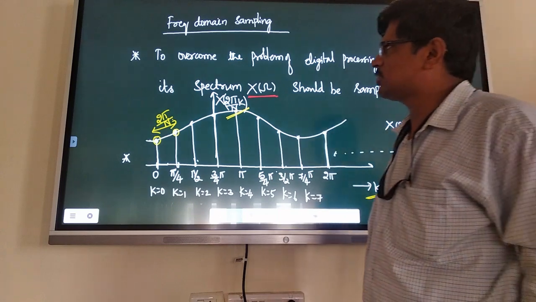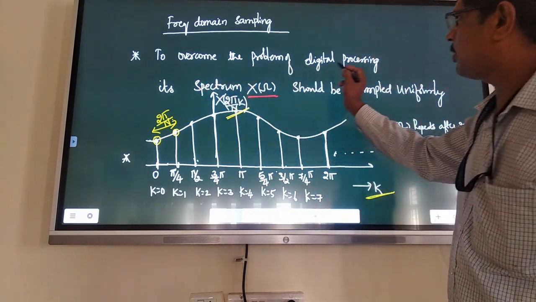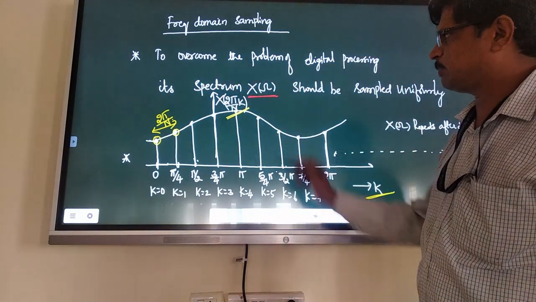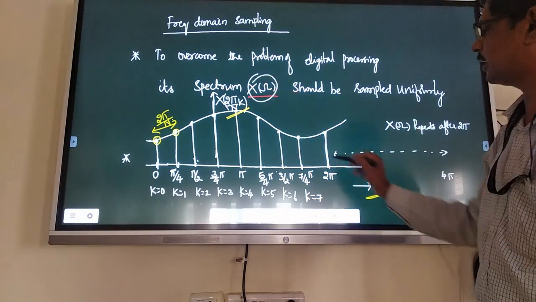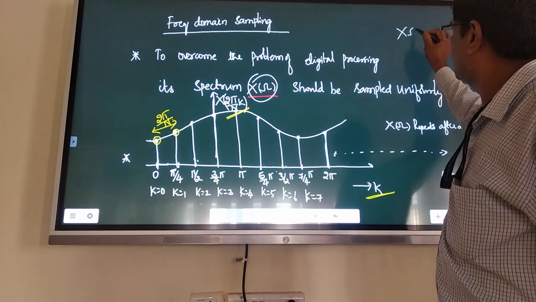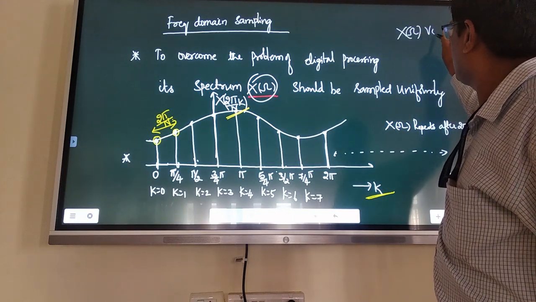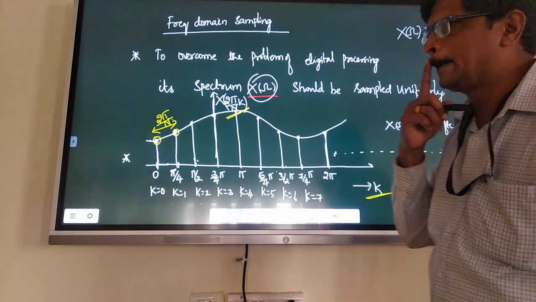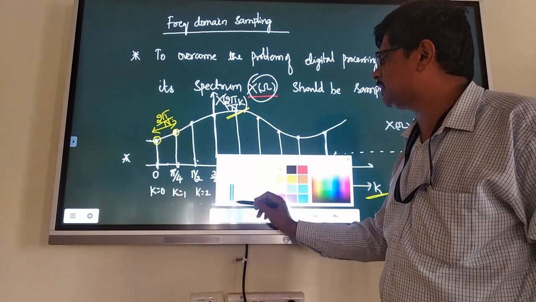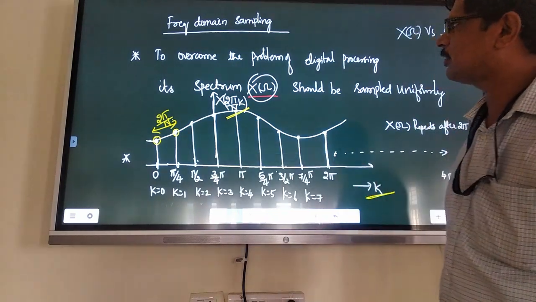In the previous sessions I told you, to overcome the problem of digital processing, we used to get the spectrum X of omega versus omega, that means the frequency spectrum versus omega, using Fourier transform.